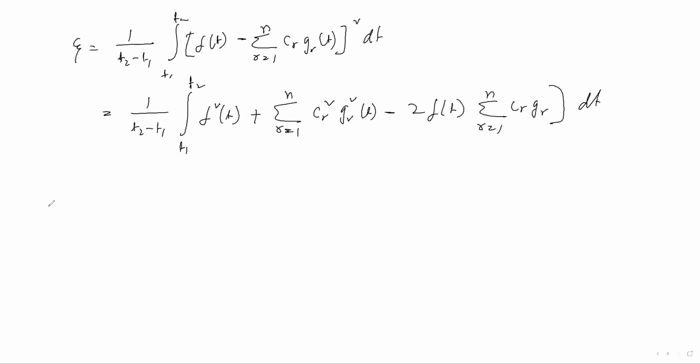To find this c_r value, we have to find the derivative of epsilon with respect to c_r and equate it to 0. By equating this, we will find the minimum value of c_r. That's why we are equating here, to get the minimum possible error.